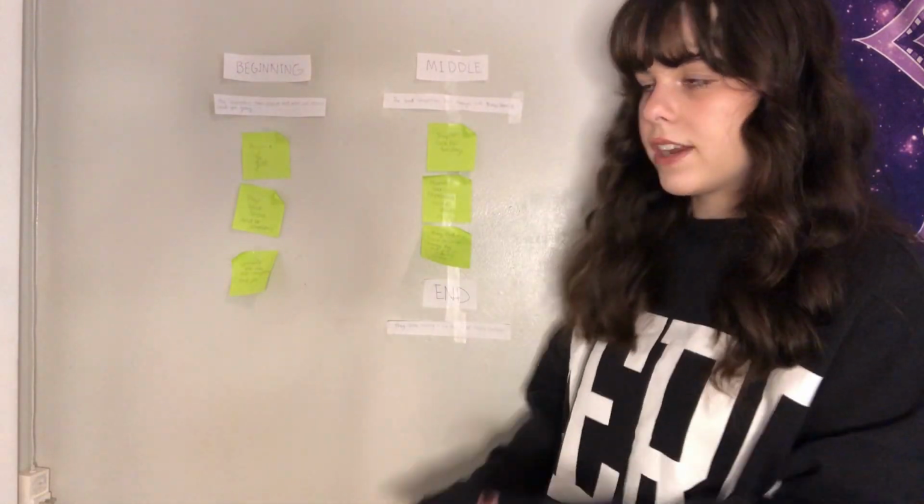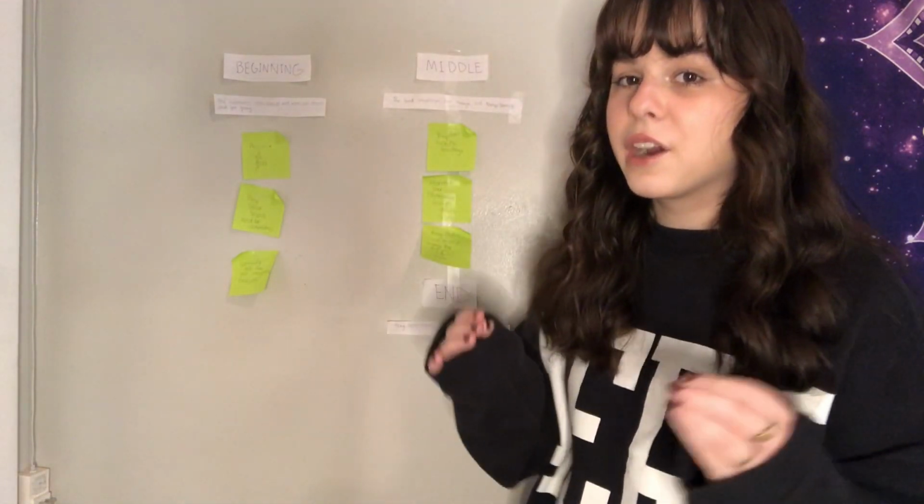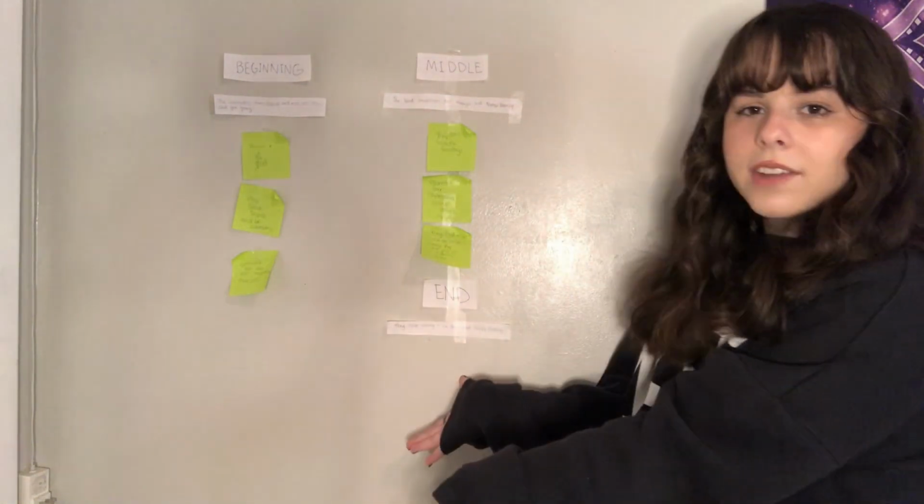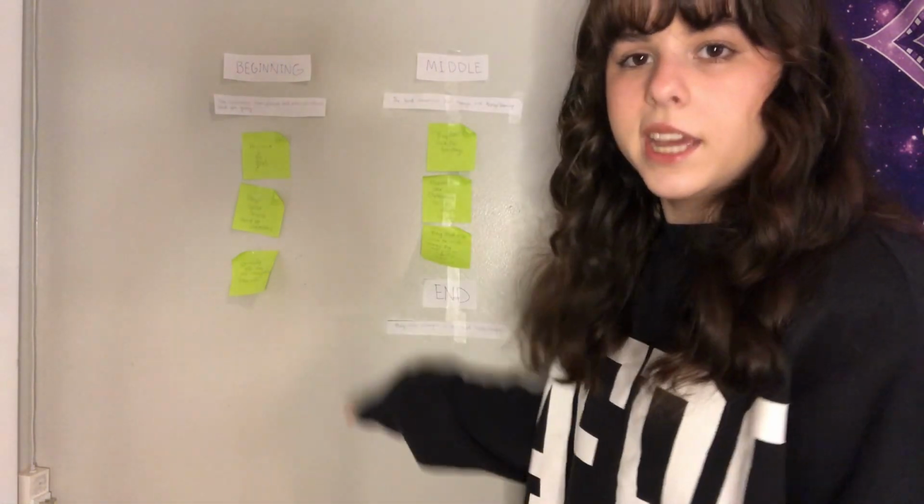Still a very, very rough, bare bones skeleton of an outline, but we have an outline. So that's it for connecting the beginning, middle, and end of your story. We did it.